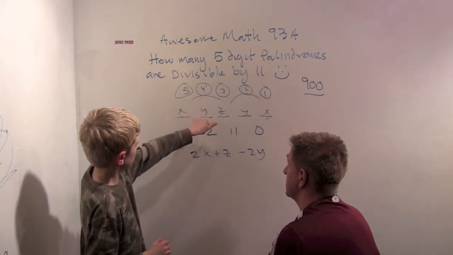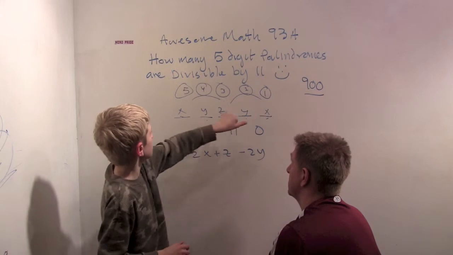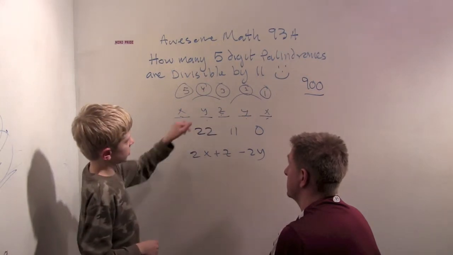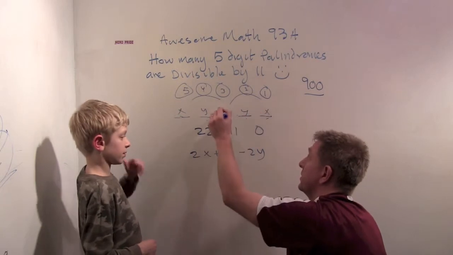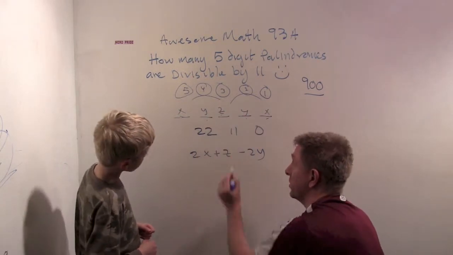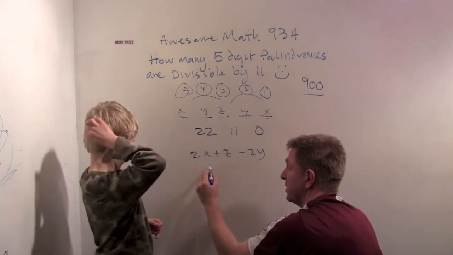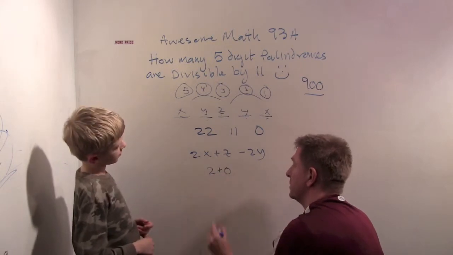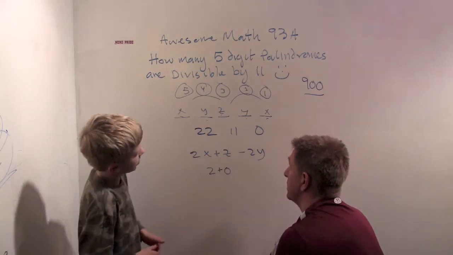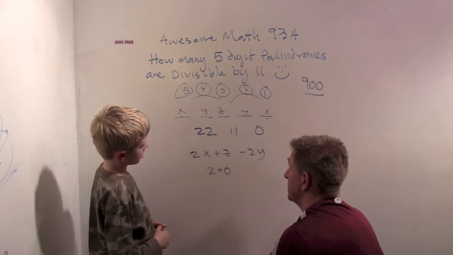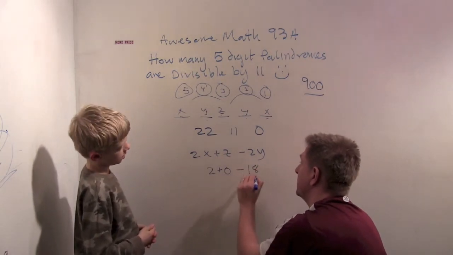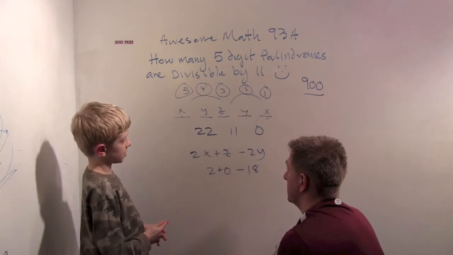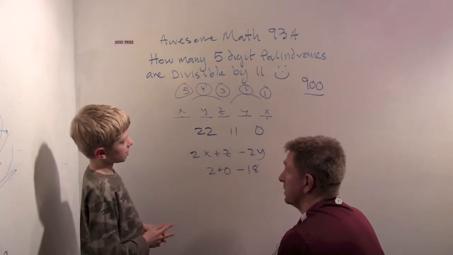The minimum of these digits can be 1, because x could be 1 and z could be 0. So this could be 2 plus 0, and then the maximum of the subtracted digits is 9 and 9, so the sum is 18. So 2 minus 18 would get us to minus 16.